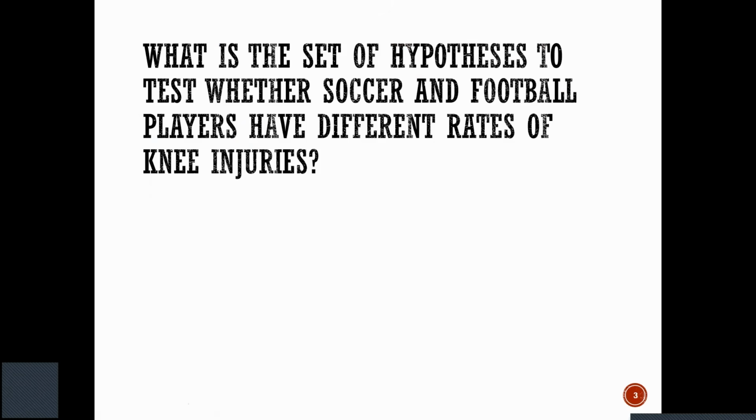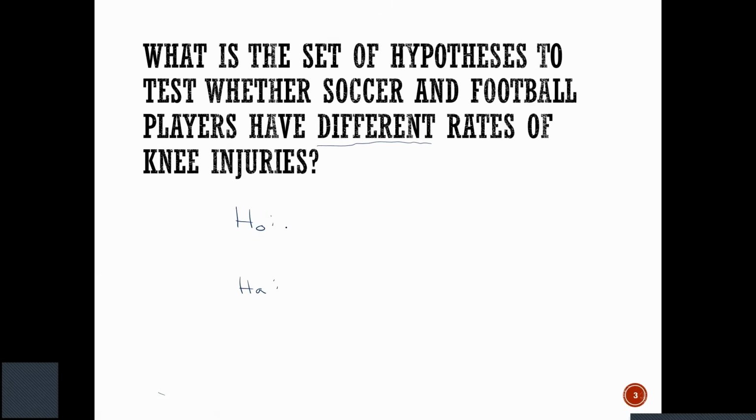So what is the set of hypotheses to test whether soccer and football players have different rates of knee injuries? So remember, different is a two-tailed type of language, okay? So H0 and HA. Okay, so we have a null and we have an alternate.